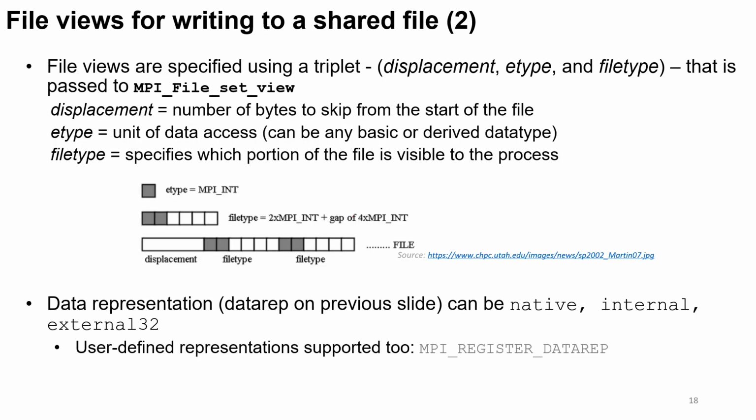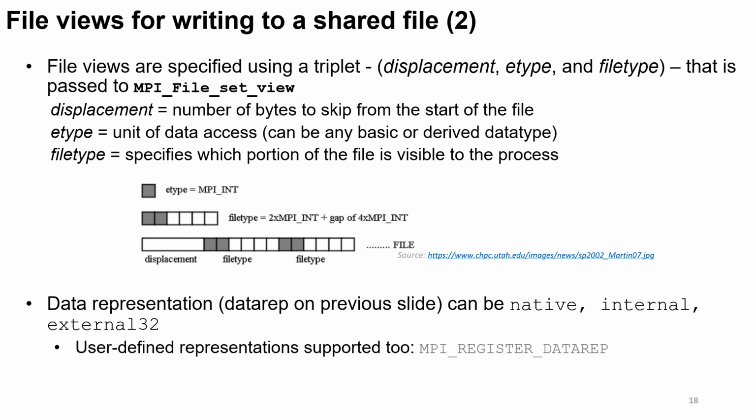The file views are specified using a triplet of displacement, E-type, and file type. Displacement represents the number of bytes to skip from the start of the file. E-type represents the unit of data access, and it can be any basic or derived data type.